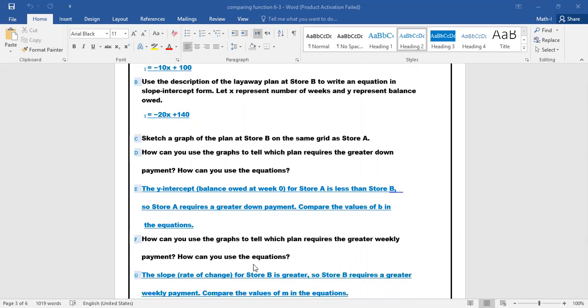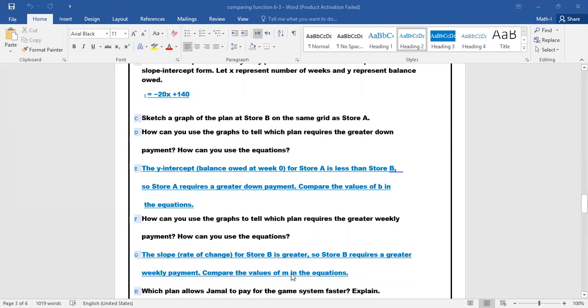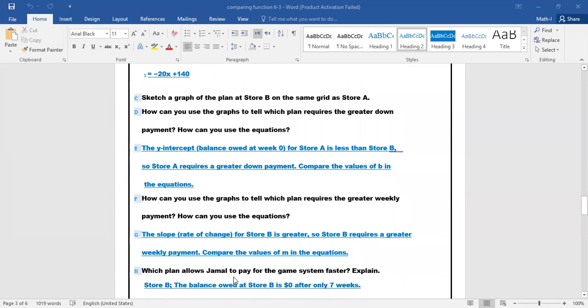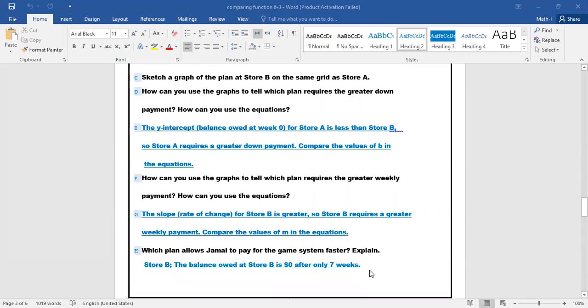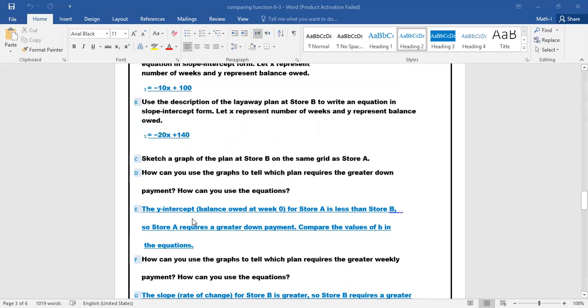Then the slope, or the unit rate of change, for store B is greater, so store B required a greater weekly payment. Which plan allows Gamal to pay for the game system faster? I will try. Store B: the balance owed at store B is 0 after only 7 weeks. Which one is going to pay faster?